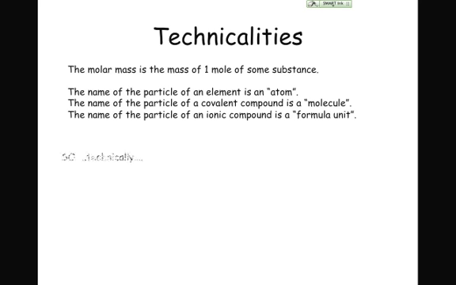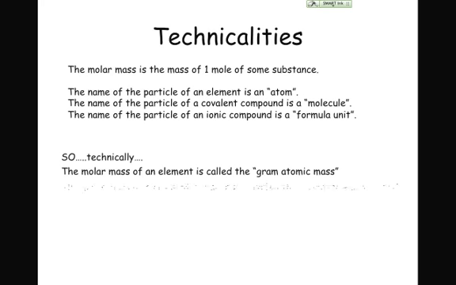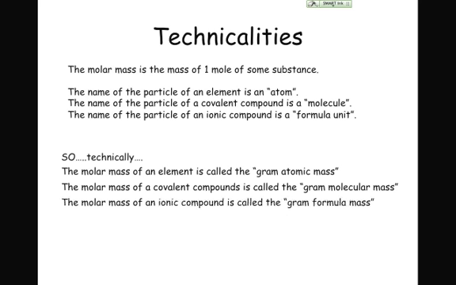So technically, the molar mass of an element is called the gram atomic mass. It's the atomic mass in grams, which makes sense. The molar mass of a covalent compound is called the gram molecular mass. It's the mass of the molecule in grams. And the molar mass of an ionic compound is called the gram formula mass. It's the mass of the formula unit in grams.